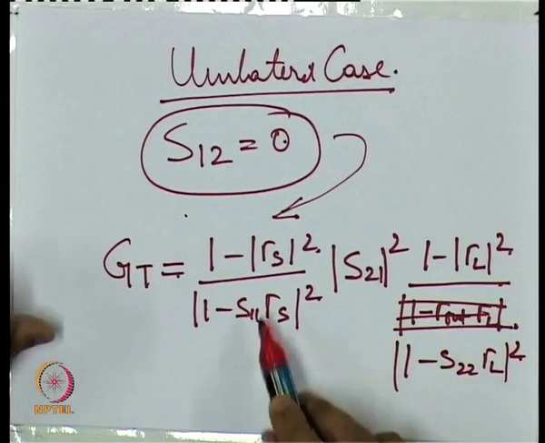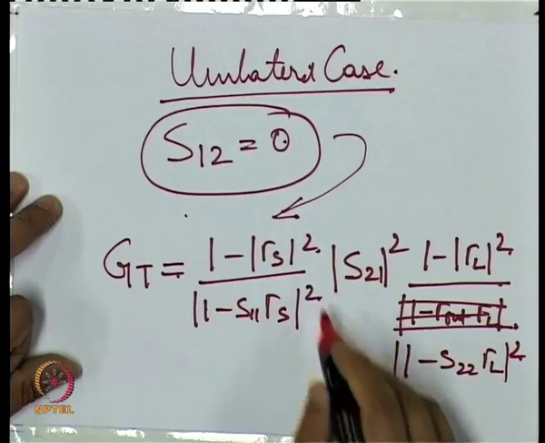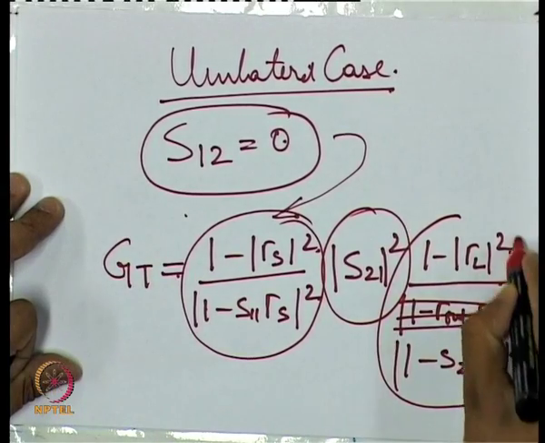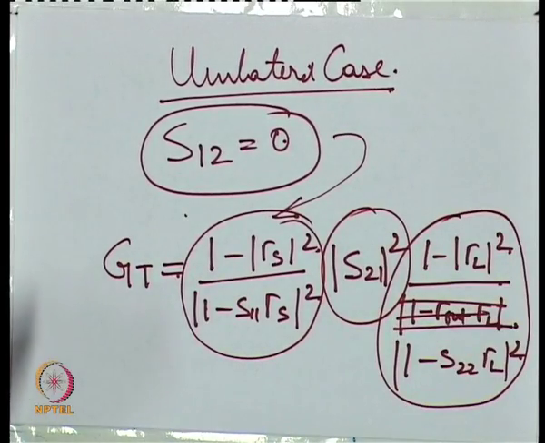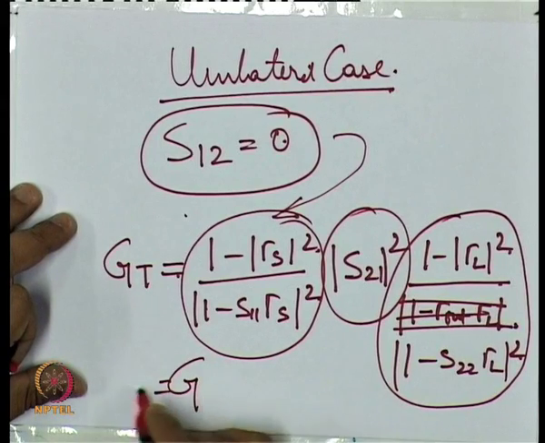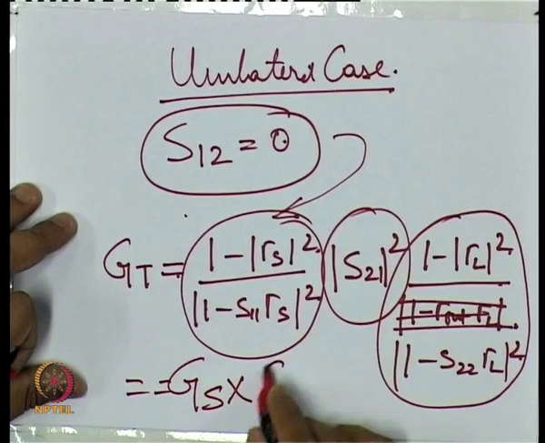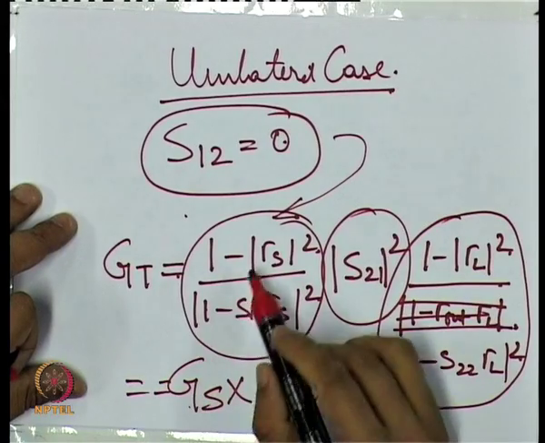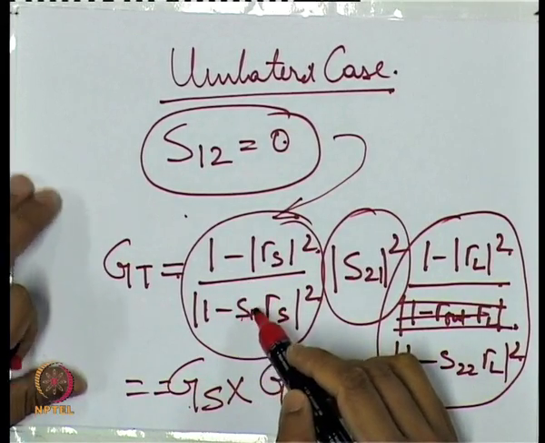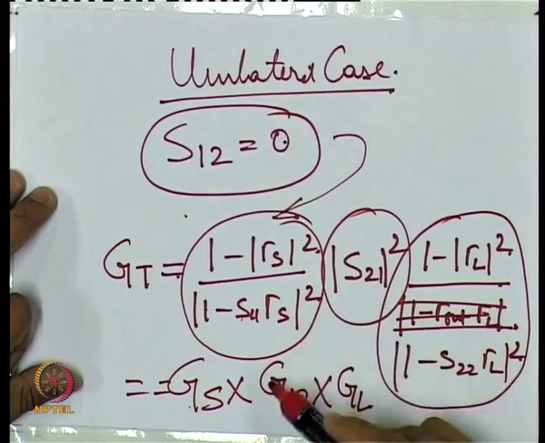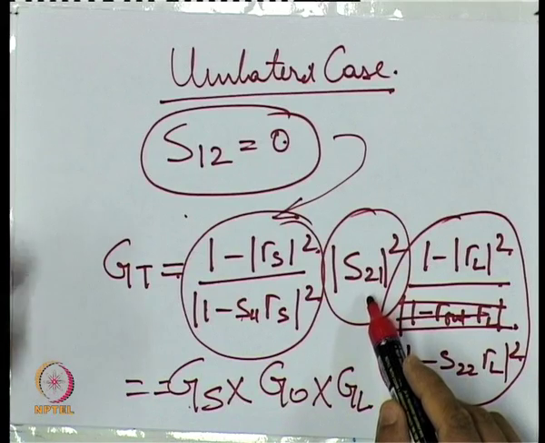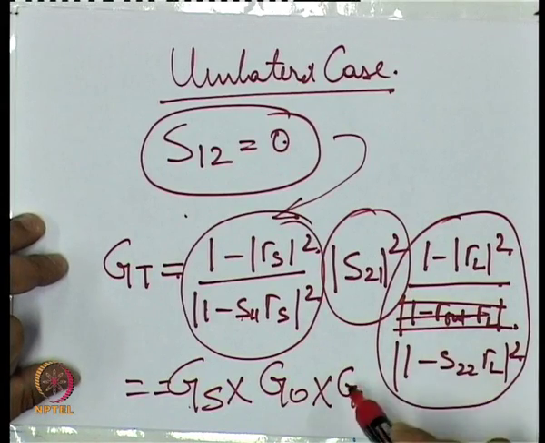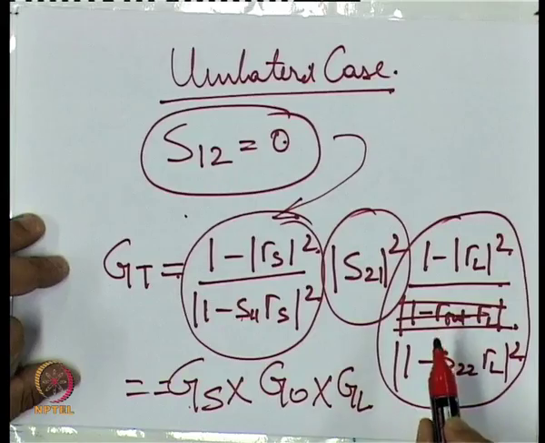It is purely a function of gamma S and gamma L, and so these terms can be considered as gain terms. If we want, in fact, we can write it like this: GT is equal to GS multiplied by G0 multiplied by GL. So GS is the source gain due to the source network, S21 is the gain due to the inherent S parameters of the network, and GL is the gain due to the load network.